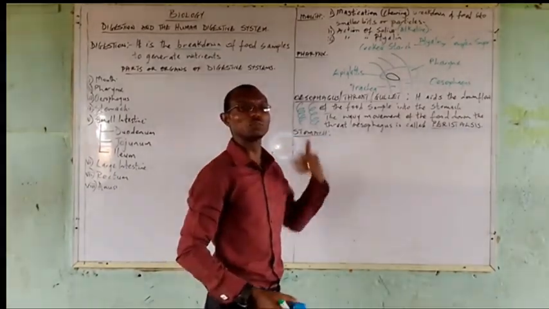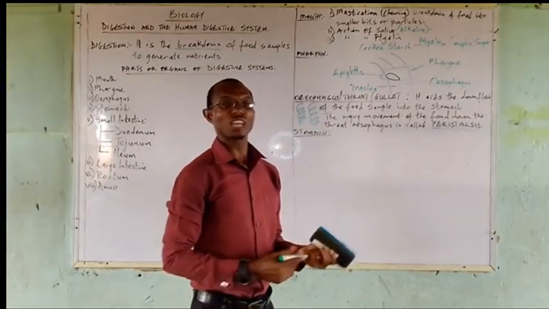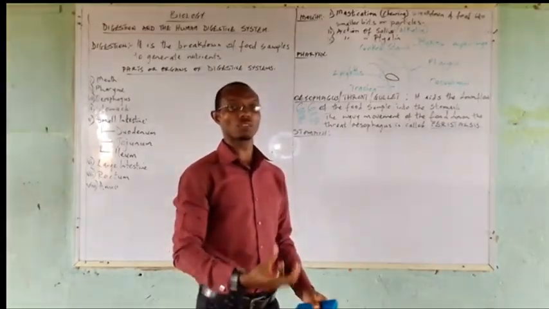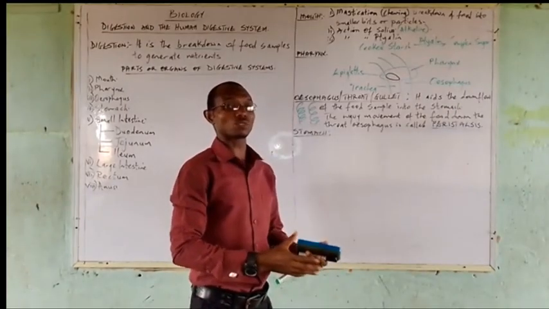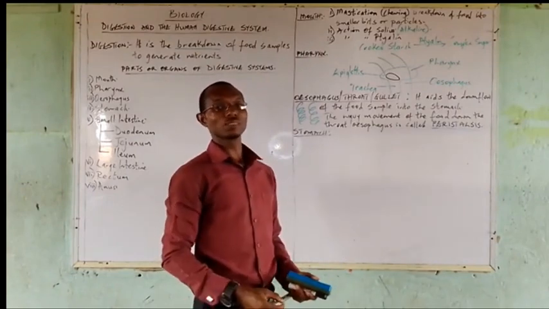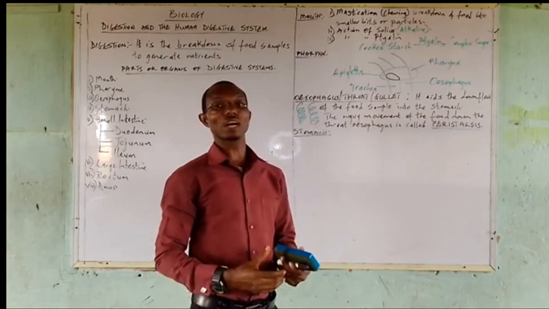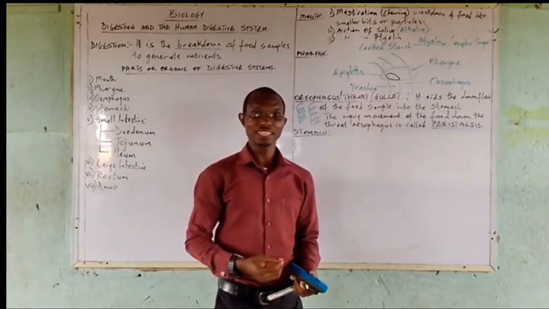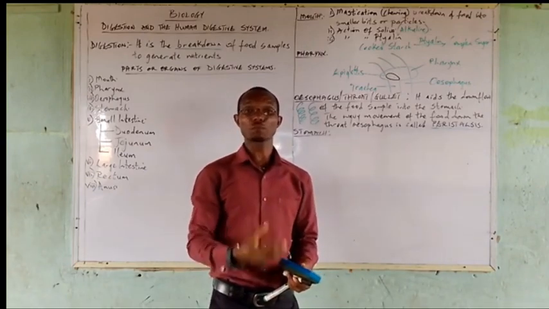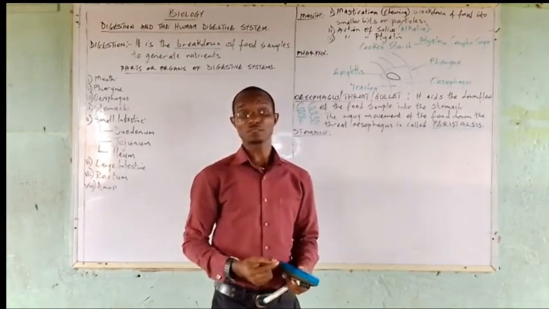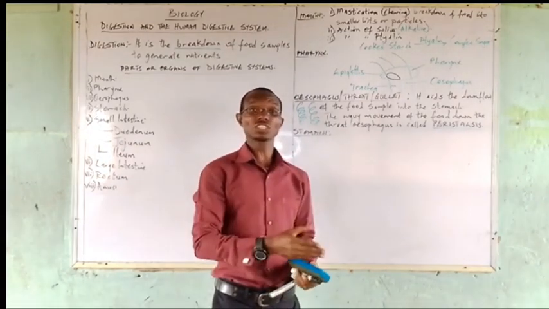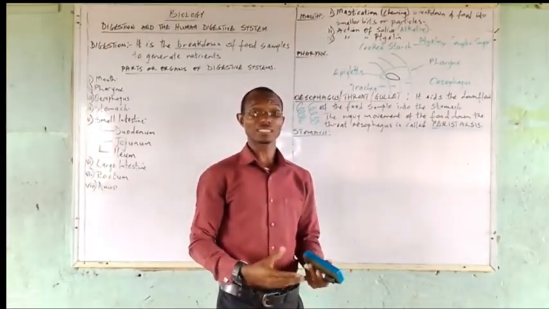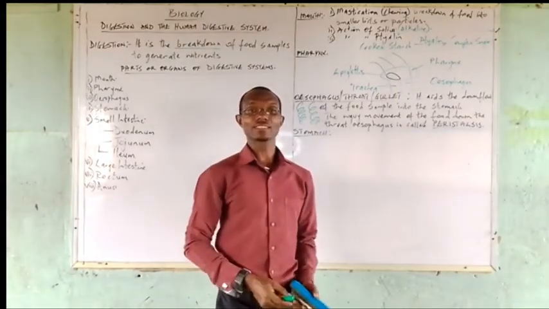In the stomach, the food meets a particular medium which is acidic in nature, and this acidity is brought about by a particular compound. The stomach has a gland called the gastric gland. The gastric gland secretes gastric juice, and the gastric juice has dilute hydrochloric acid in it. This dilute hydrochloric acid has a pH of about 2.5. That is pretty acidic, and as such it acidifies the food brought into the stomach, and then other materials can act on it.